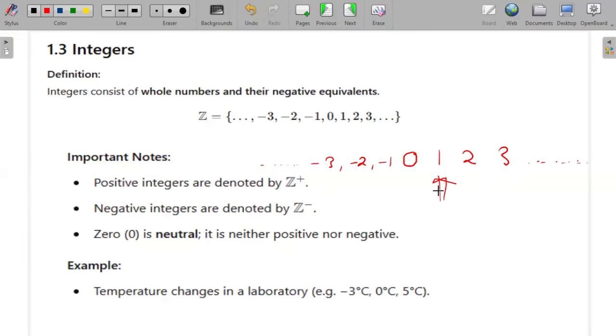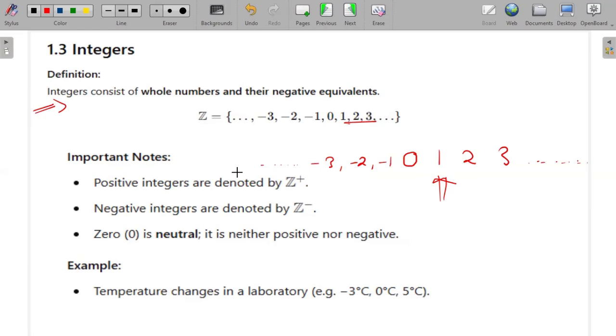So you've seen how they are building up, right? Okay, very nice. A set of integers will just consist of whole numbers and their negative equivalents. So that's how we can say it in a proper definition. This is the definition that I've written there: integers consist of whole numbers and their negative equivalents. So meaning whatever I can see this side, I just put a negative in front, then I get the integers.